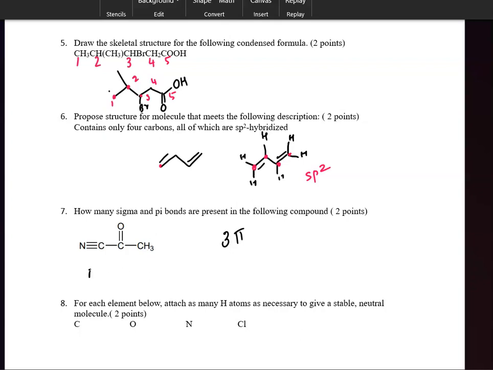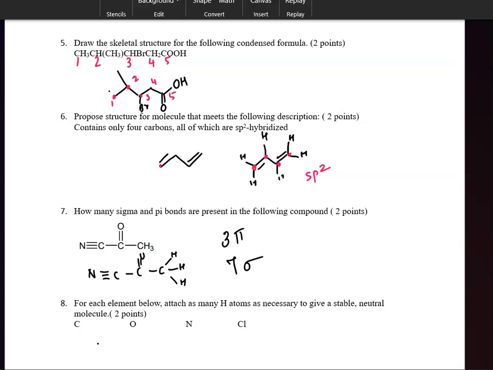So sometimes it helps us to elaborate the structure and write it like this, where you clearly show the bonds to the hydrogen. Okay, so you have 1, 2, 3, 4, 5, 6, and 7. So we have 7 sigma bonds.